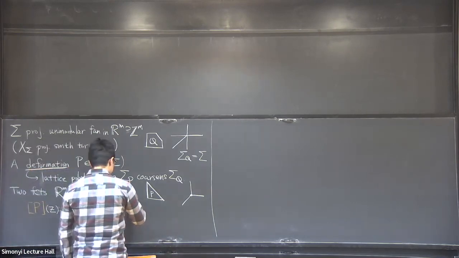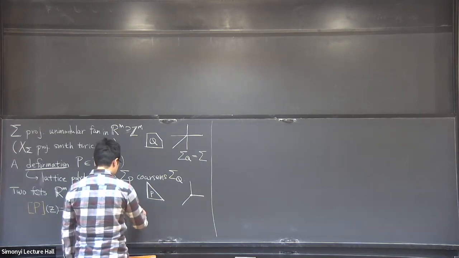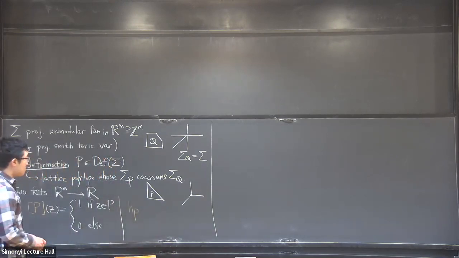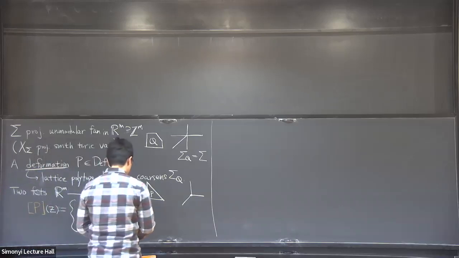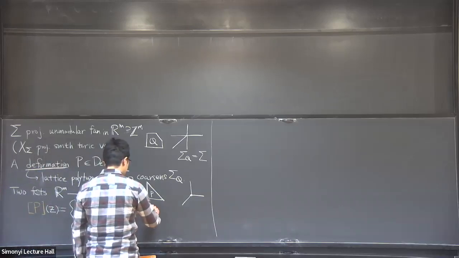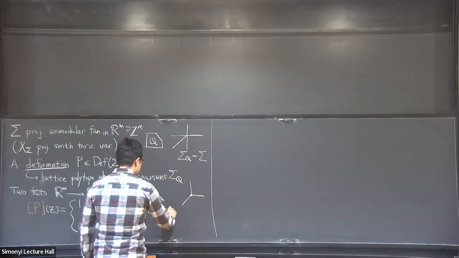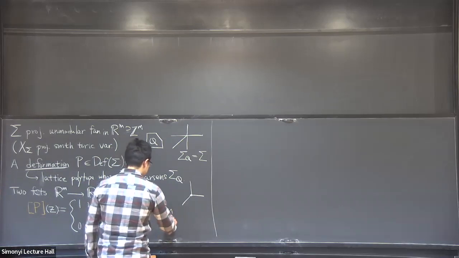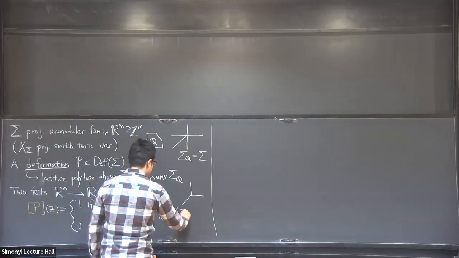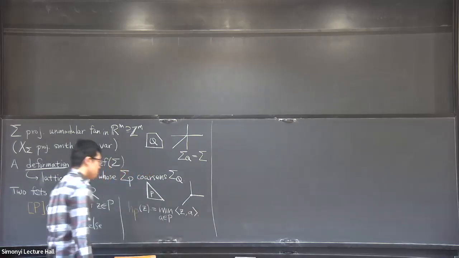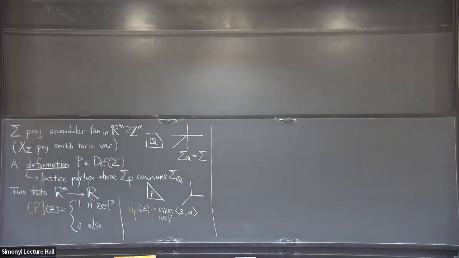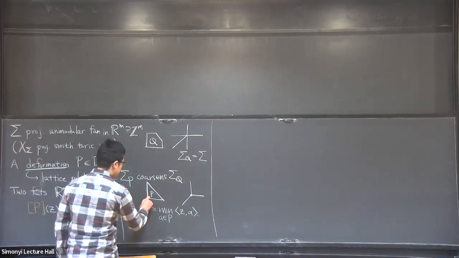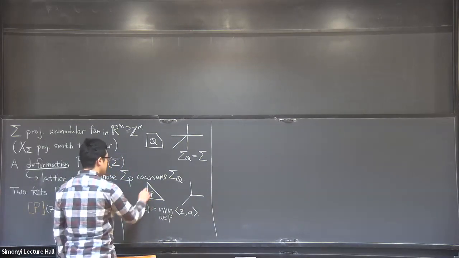And the other function, which I'll denote as H sub P, is often called a support function for the polytope P. What is this? Well, the value at Z is the minimum among all pairings of Z with points in the polytope P. And let's just take the pairing to be the standard inner product. Let's do one example.